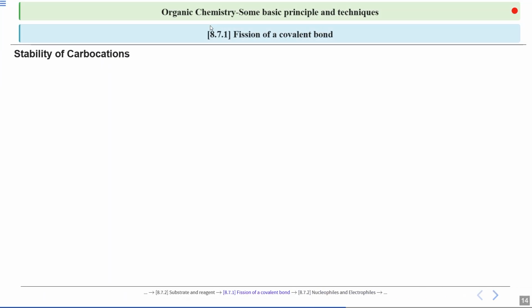Next is the stability of carbocation. Similar to radicals, carbocations are also highly unstable and reactive species. Again, the reason is the same. It has a positive charge, and first of all, it has a lack of octet also.